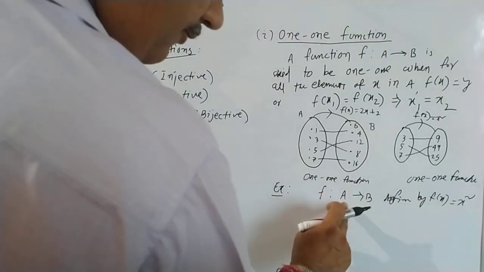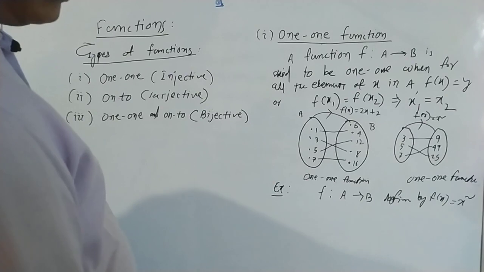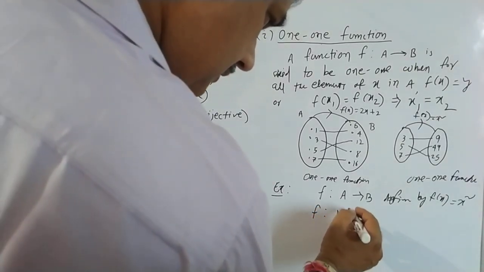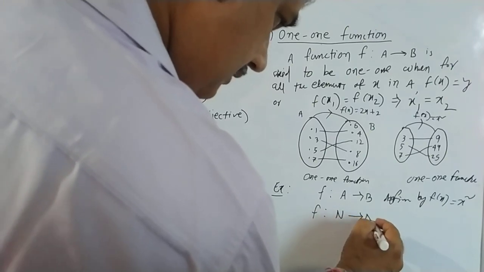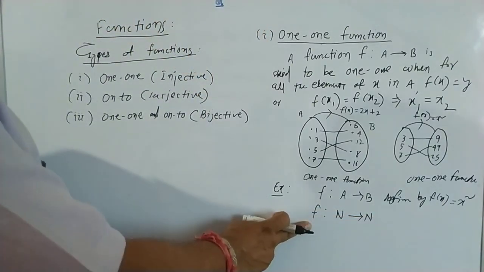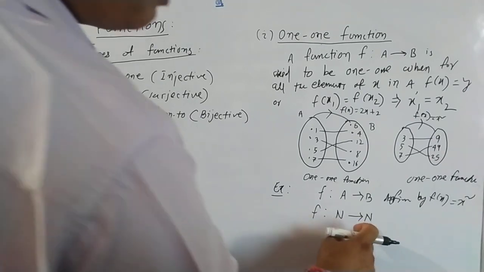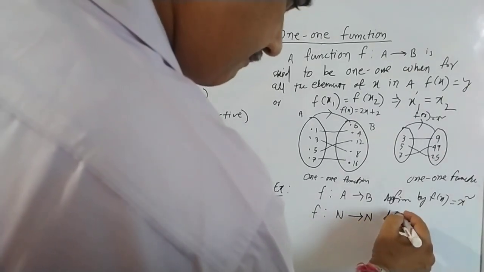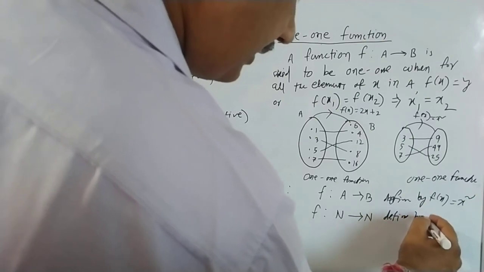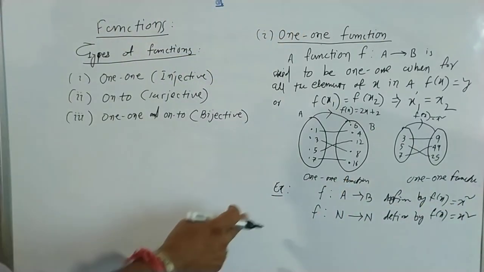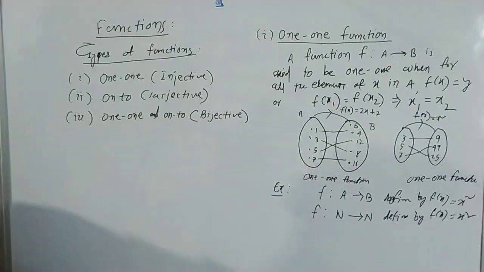If it is A to B it's okay, but same problem, let it be N to N, means f is a function from the set of natural numbers to the set of natural numbers, defined by f of x is equal to x square. Now let us discuss these two cases.